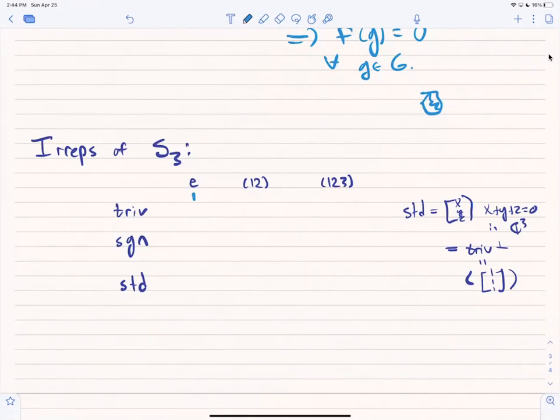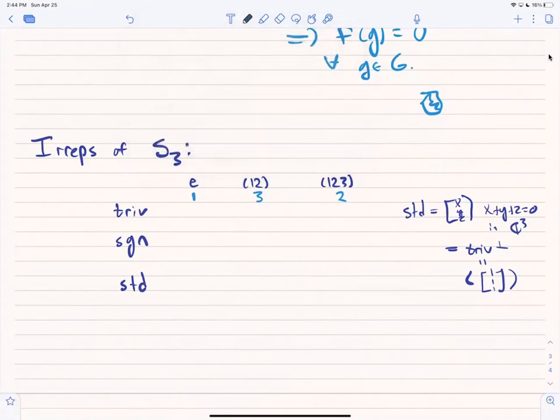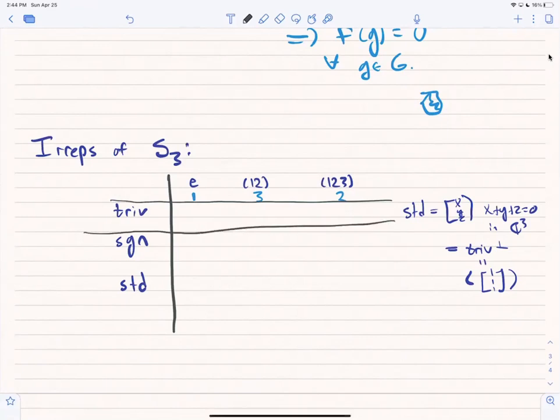There are 2 3-cycles, and then there are 3 choose 2, so 3 2-cycles. Okay, so there are 3 conjugacy classes, and we already know about these 3 irreducible representations. So that's actually all of the irreducible representations.